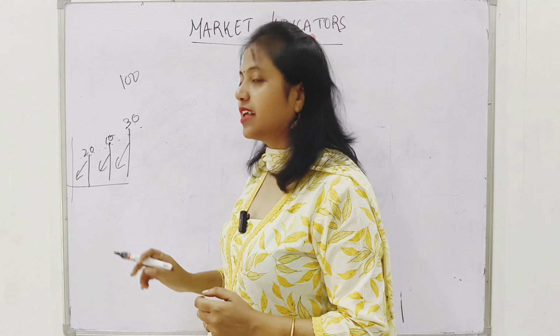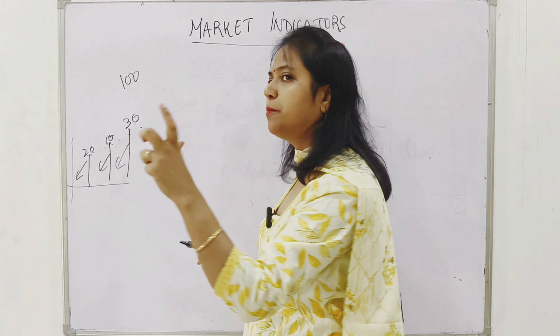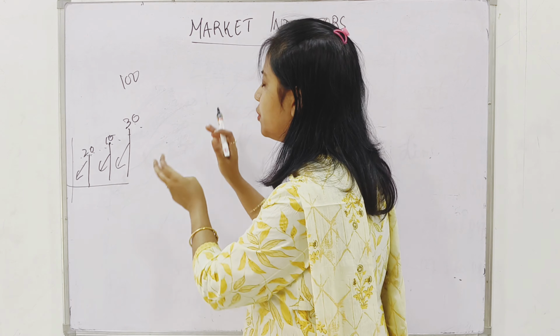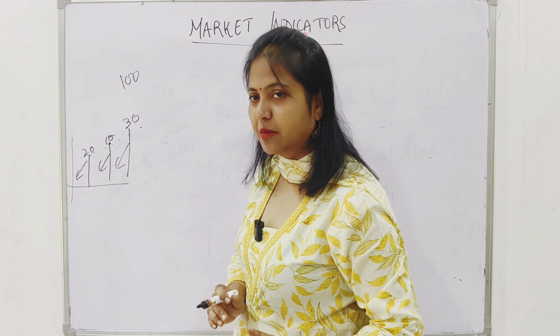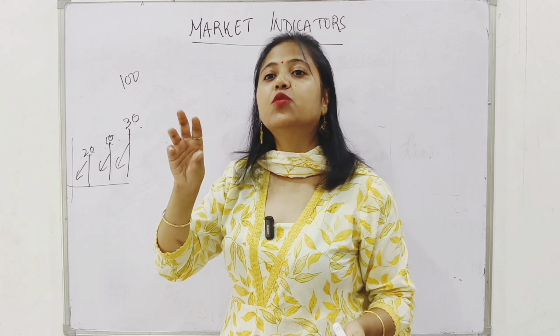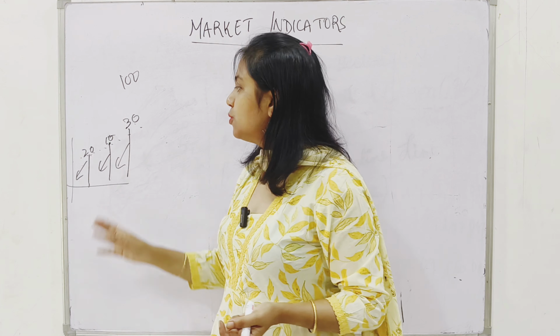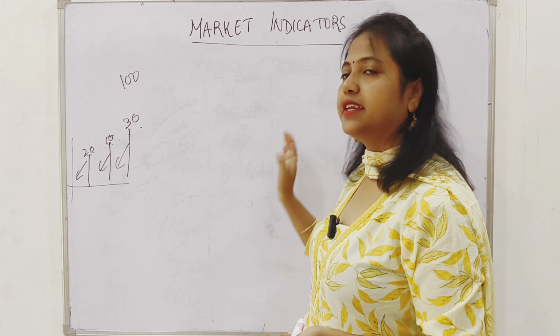So what we can see is that with time, there are some number of stocks or shares which are taking a reversal, or the momentum is reversed. And that means this trend that I can see here is getting weaker and weaker. So this can be identified only with the help of market indicators.